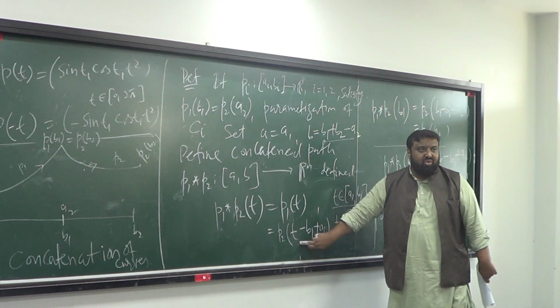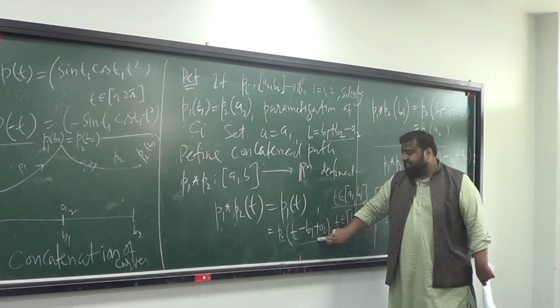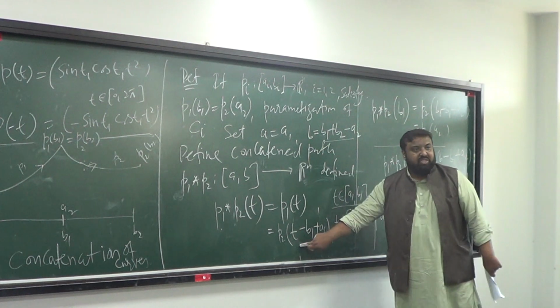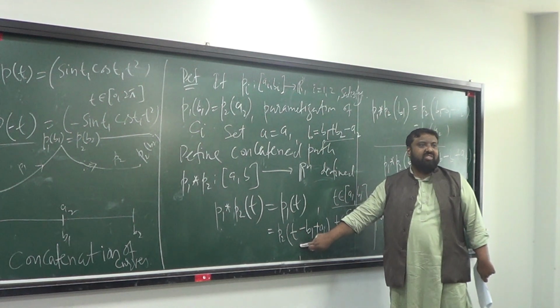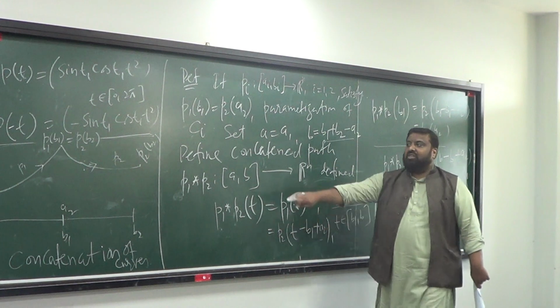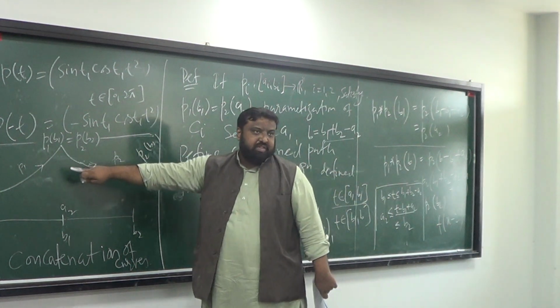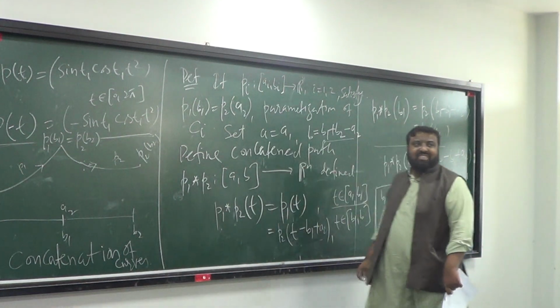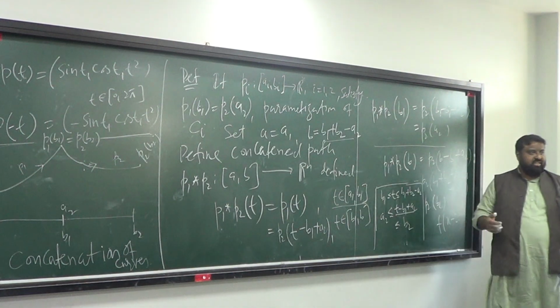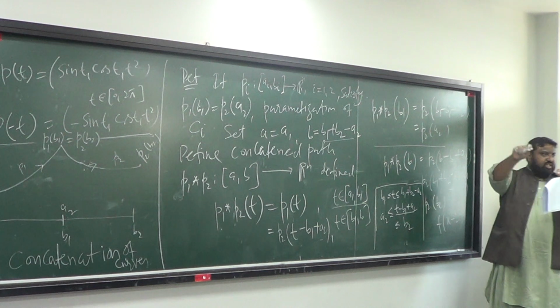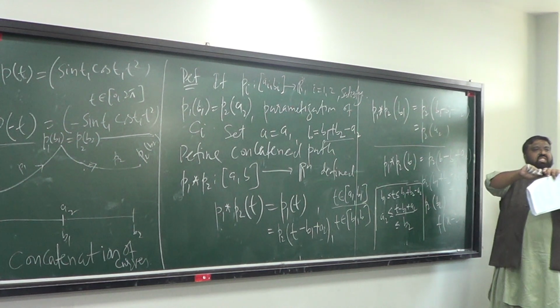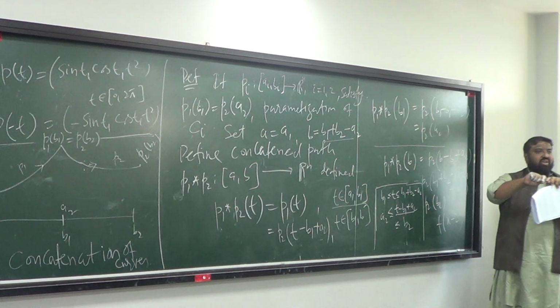And I know that since this input is in the domain of p2, it's going to be a point here. Are you getting the point? So it's just a trick actually. The two things that you have, now you want to see them as a single quantity.